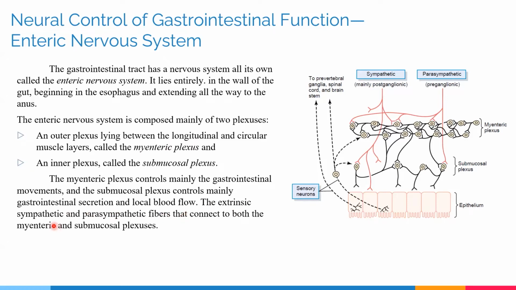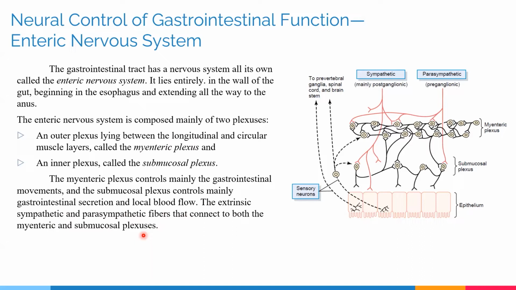The extrinsic sympathetic and parasympathetic fibers connect to both the myenteric and submucosal plexuses, and thus the gastrointestinal function is regulated by the central nervous system via the enteric nervous system.